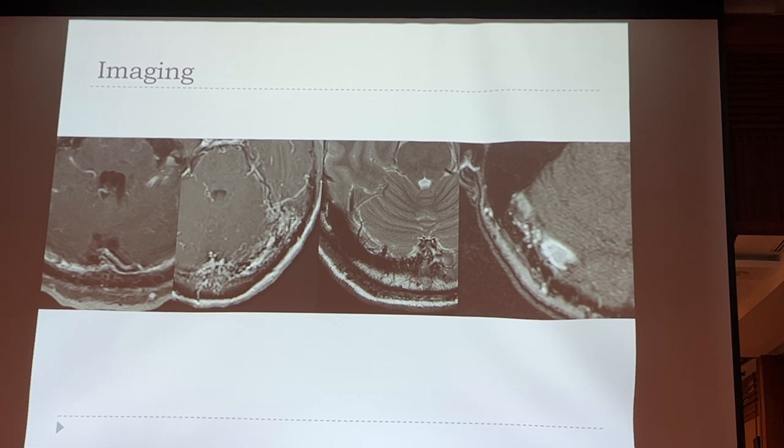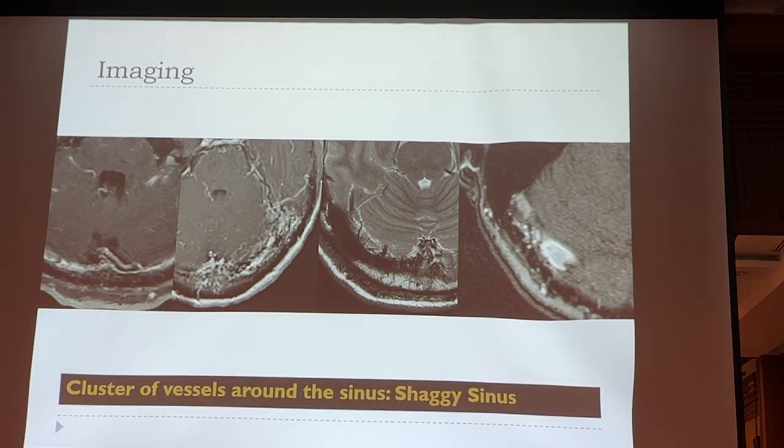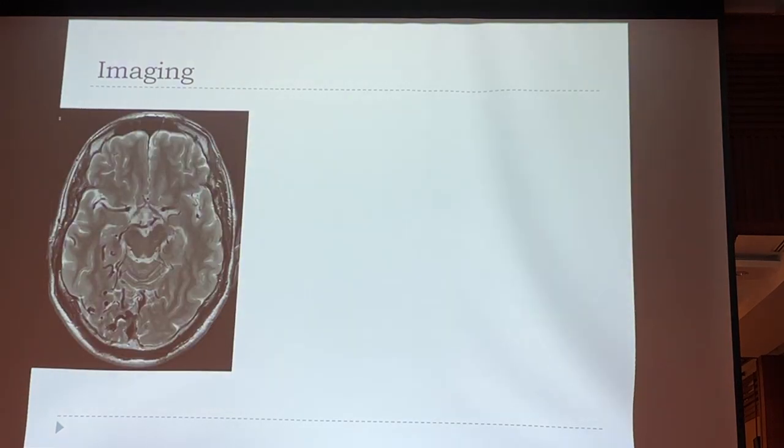You can have the so-called shaggy sinus sign. Here we have T1 weighted sequences post-contrast, T2 time-of-flight MRA, and you see that surrounding the sinus, we have multiple small blood vessels that make the appearance of this shaggy sinus sign, a sign for the dural arteriovenous fistula.